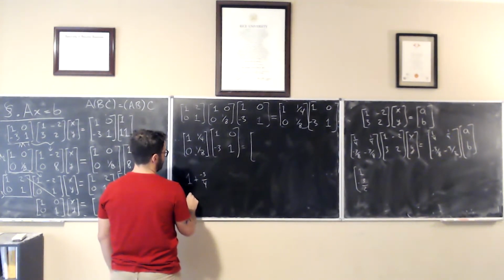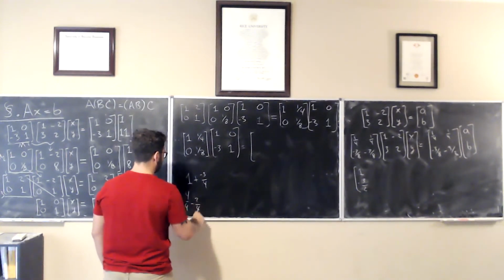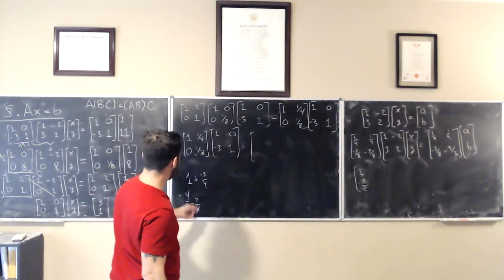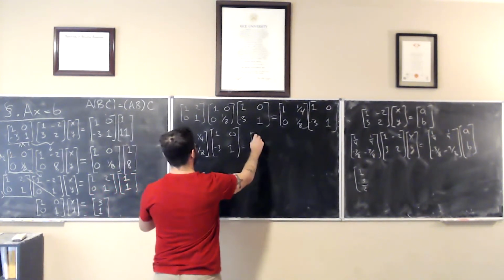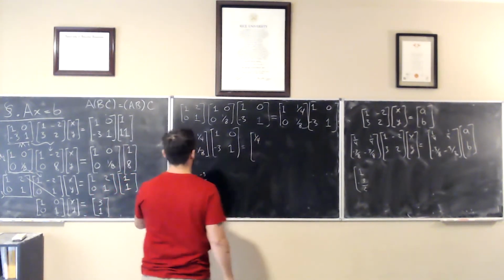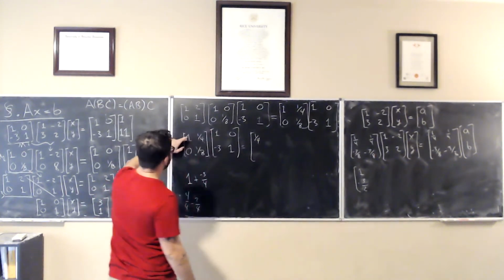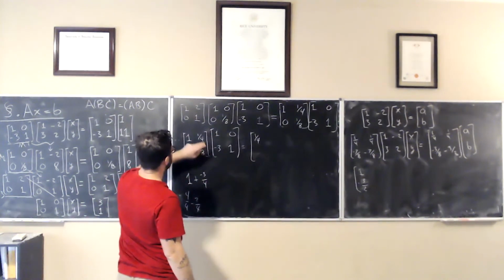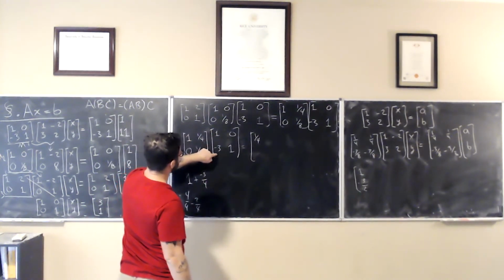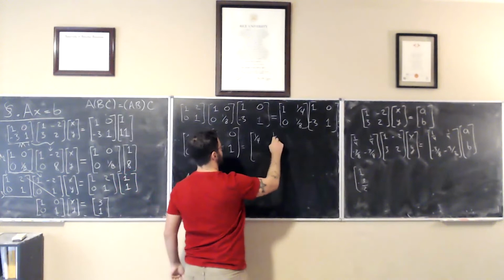So yeah, 4/4 minus 3/4. That is 1/4 in this entry here. And so 1 of that row plus 1/4 of this row. So this will be a 1/4 for sure here as well.